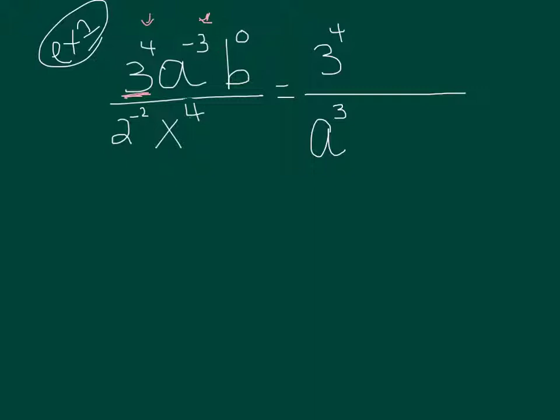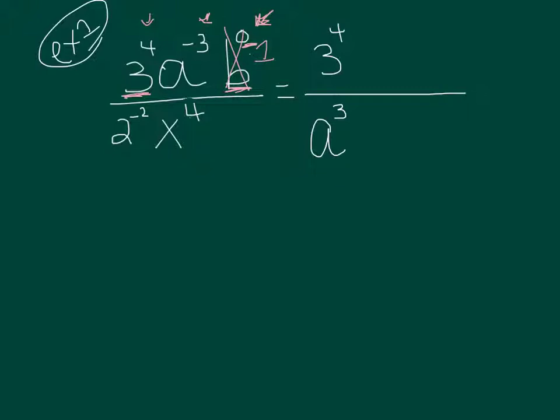Now b to the 0, if you remember from class, anything to the 0 power is just 1, okay? And you have to be very careful and realize what's the base, all right? So the exponent is 0, my base is just the b, so the whole thing actually becomes 1. So I don't need to write that, I just know anything times 1 is whatever it was, so I just ignore it.